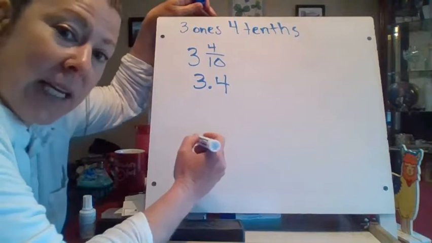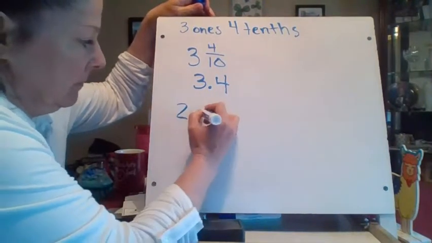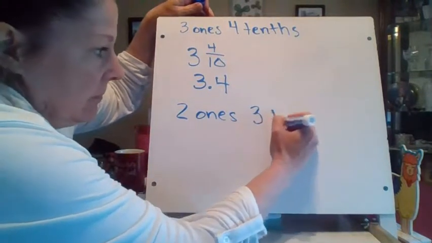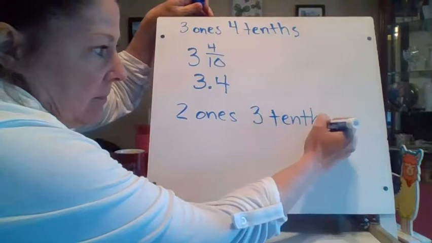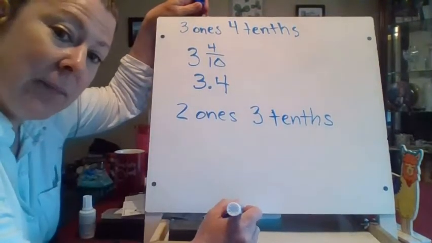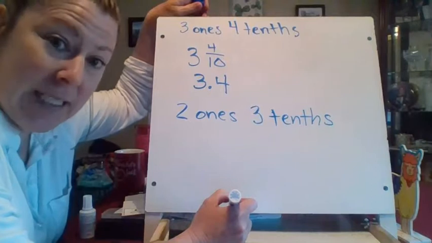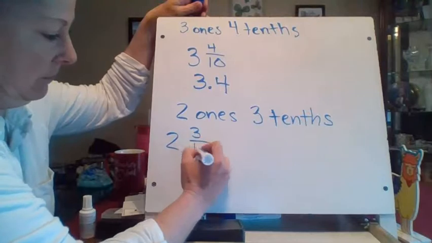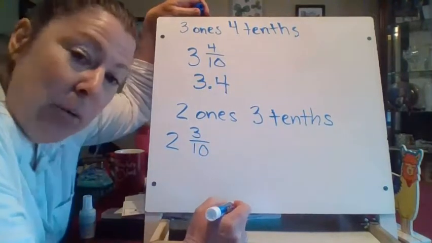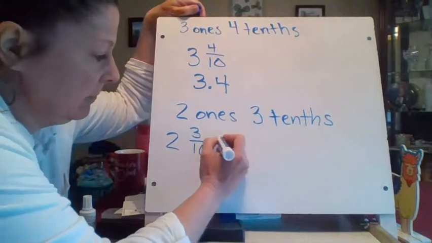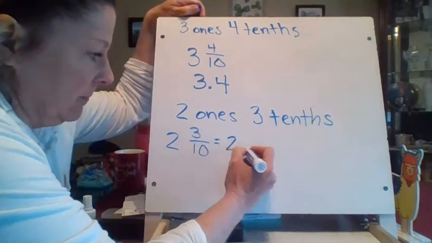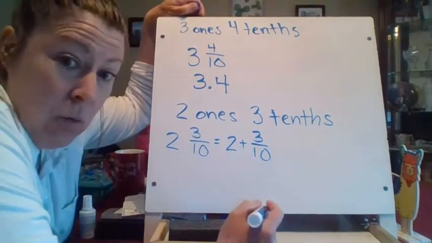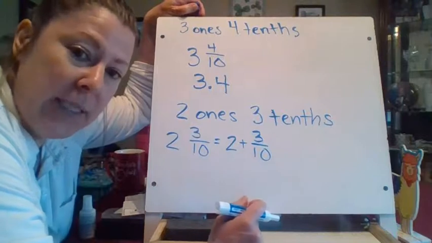So let's say I have an example like 2 ones, 3 tenths. Well, first I'm going to write it as a fraction. And if I were going to do a number bond for this fraction, it would be 2 and 3 tenths, or 2 plus 3 tenths.